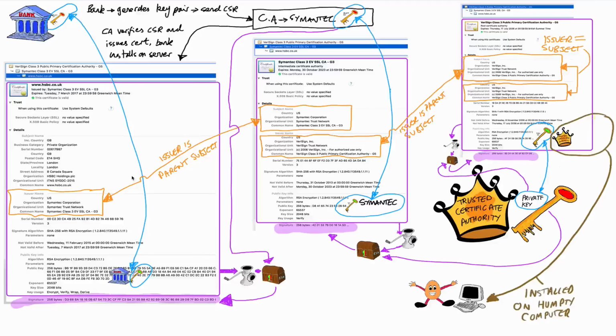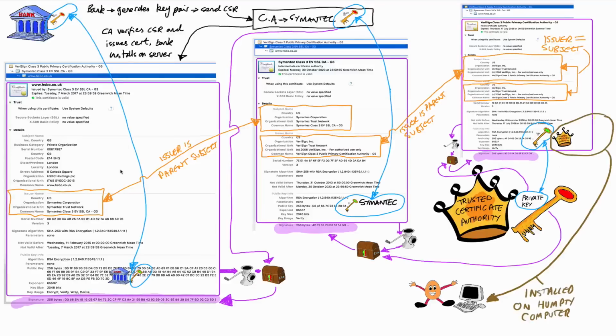So the client browser is going to take that public key from the issuer. It's going to decrypt the signature that was sent. It's going to compare that with the hash of the certificate that it received, and if the two are equal, then this one, the server certificate, is validated.